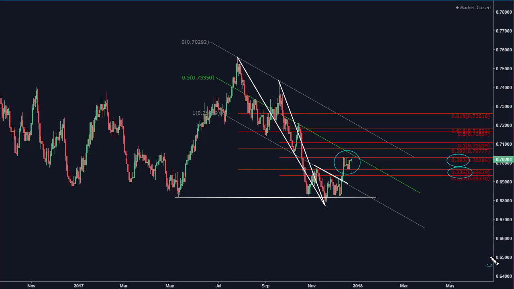So it looks like we're just in between these zones right now. But again, let me reiterate that as long as we can stay above this low here, the market has a higher likelihood of pushing up to these higher Fibonacci clusters. So these are all target areas. You're looking at as high as 72 and change.